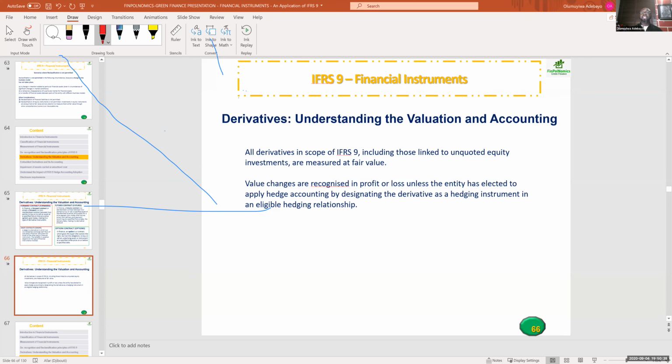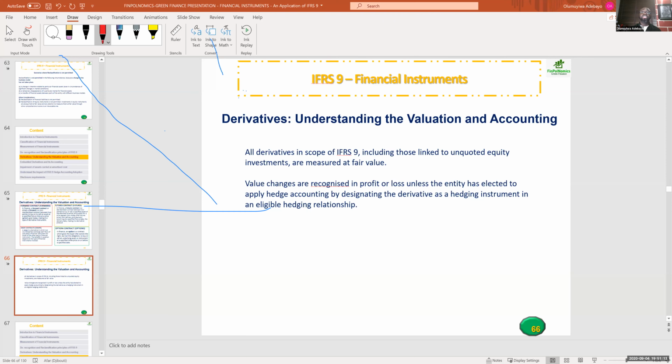Therefore, if the market price was 10 naira yesterday, which I put in my books, and today the market price is 13 naira, I have to show 13 naira in my books, either as derivative asset or liability. The difference between 10 naira and 13 naira represents my gain or loss on the derivative instrument. And that is that. At all points in time, the bucket a derivative defaults into is fair value through profit or loss.